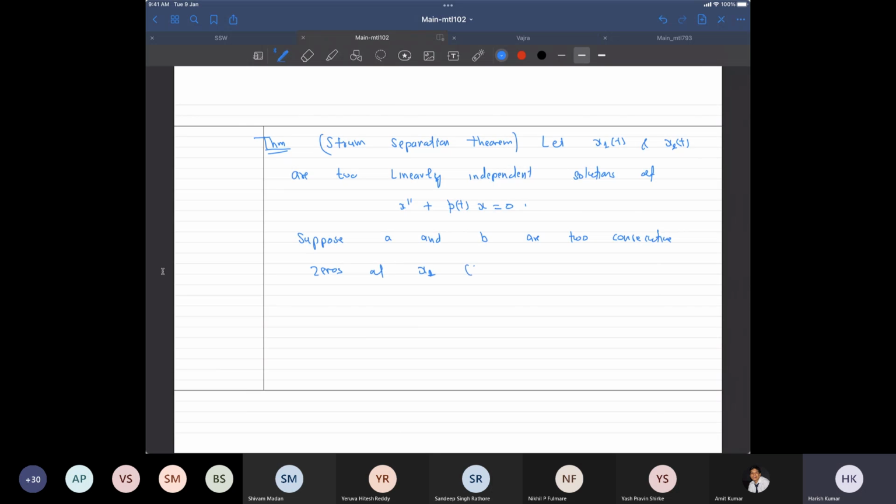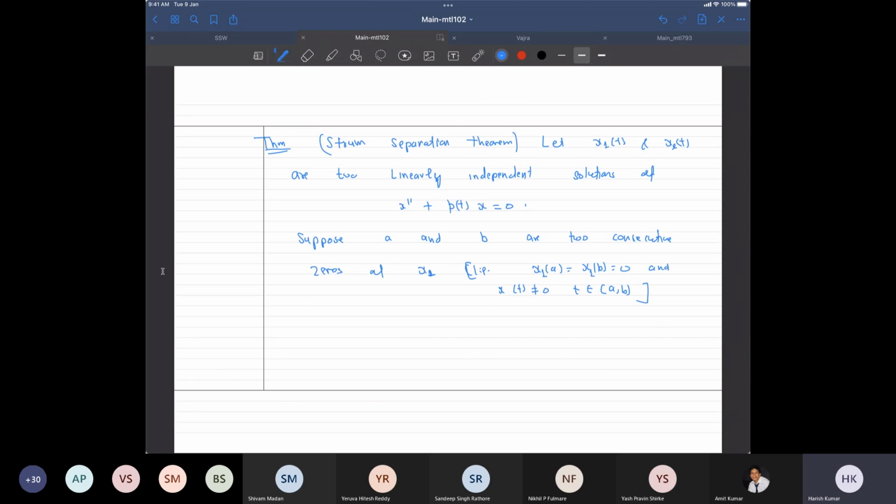That is, x1(a) equals x1(b) equals 0, and x1(t) is not equal to 0 for any t between a and b. This is what I mean by consecutive zeros, right? That there is no other zero in between.